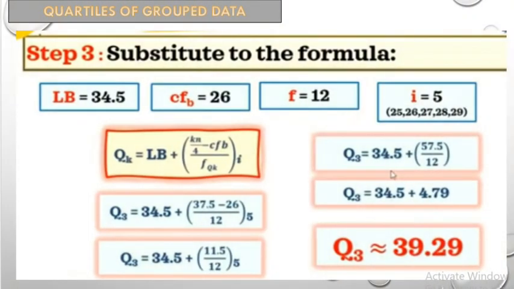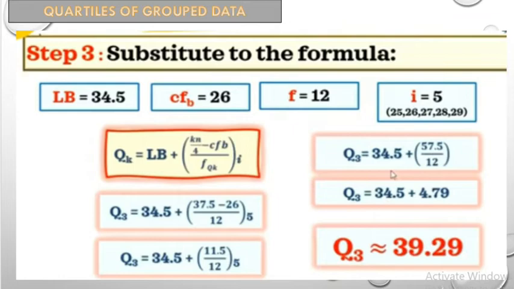And our next step is to substitute to the formula. So, QK, yung K natin is 3 kasi quartile 3 po yung kinukuha natin is equal to LB, which is 34.5 plus yung nasa close and open parenthesis.